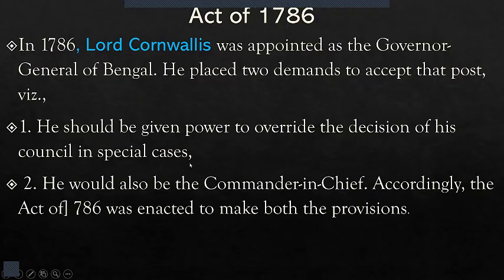Earlier there was a Governor General of Bengal and four executive council members. If the Governor General made some decisions and the executive council said no, then the decisions were overridden, and the Governor General's voice was not heard.